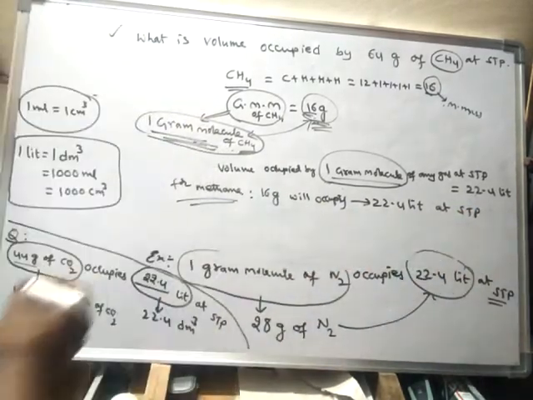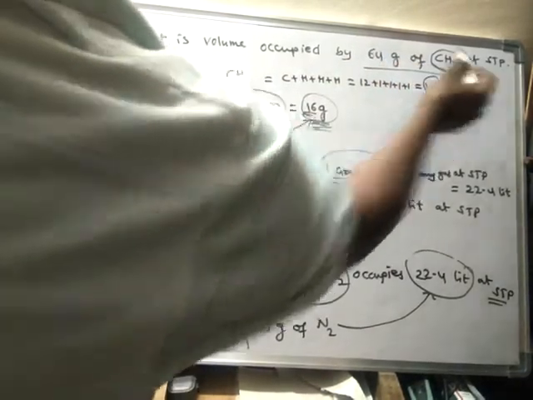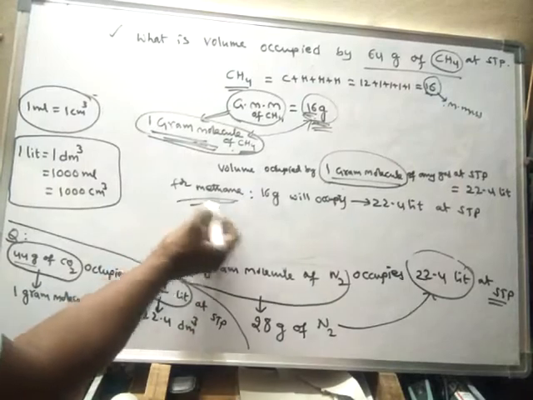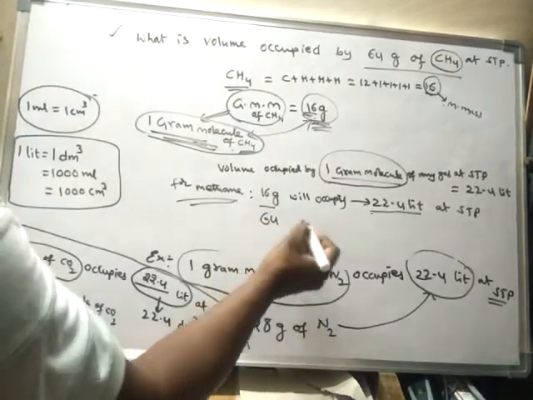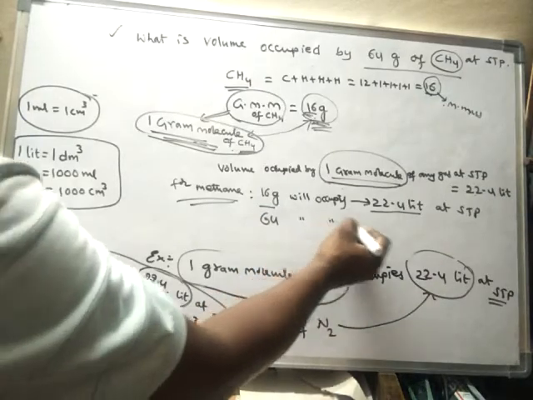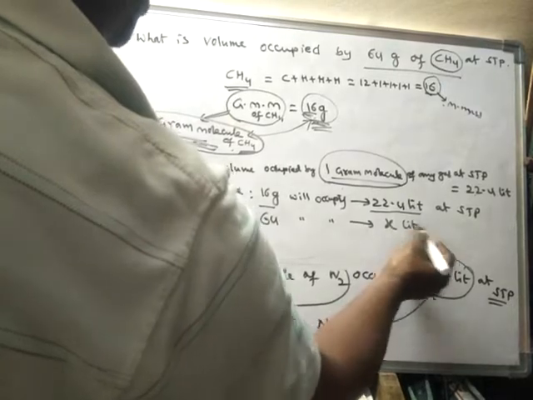So then the question is, what is the volume occupied by 64 grams of methane? See, for methane, if 16 grams occupies 22.4 liters, then 64 grams will occupy x liters.